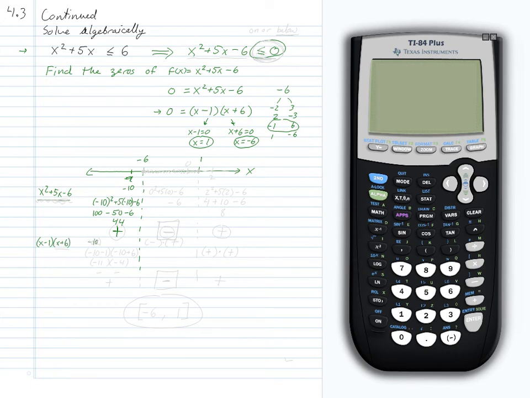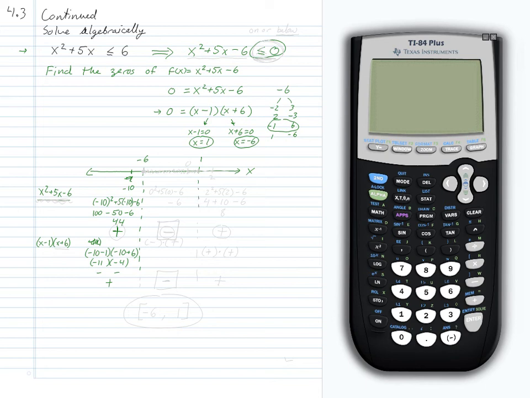So negative 10 minus 1 times negative 10 plus 6 is negative 11 times negative 4, which is a negative times a negative, which is a net positive.